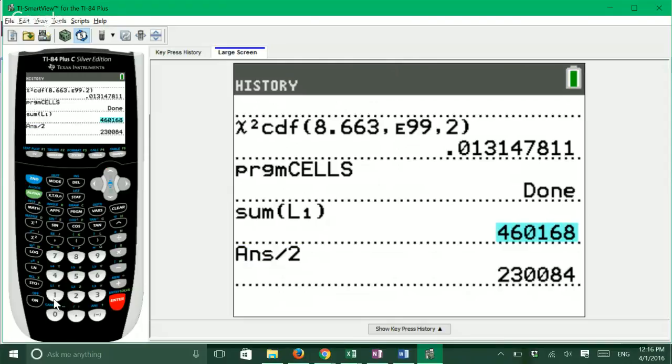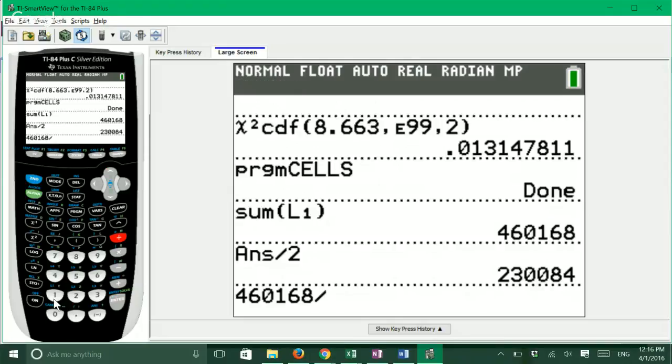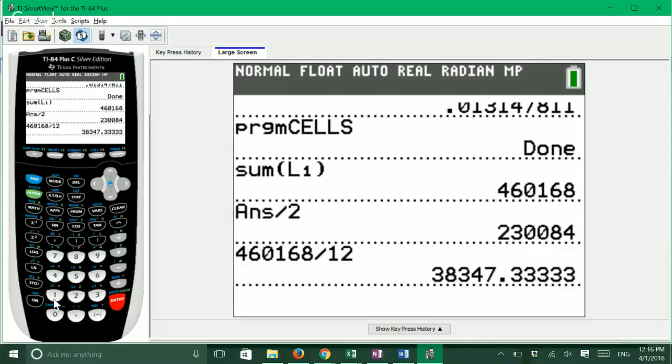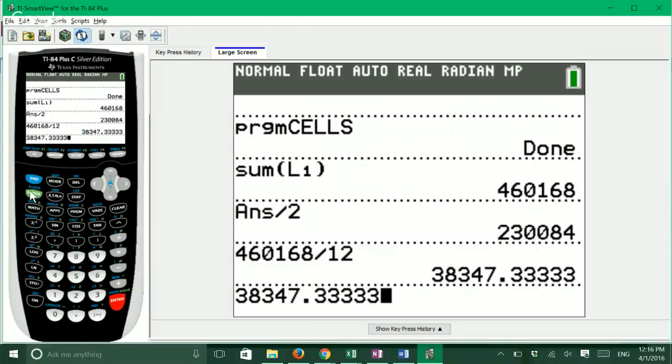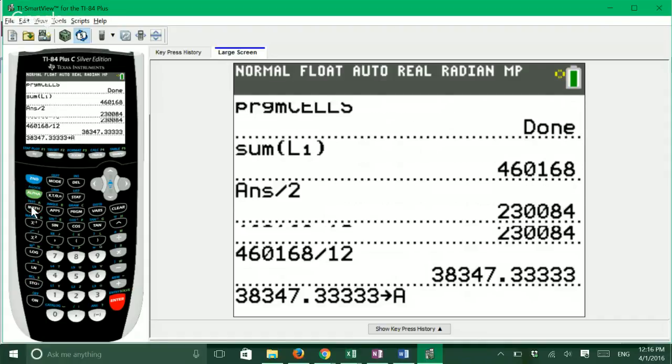Divide by 12, we get 38,347. What I'm going to do is store this number just so I don't have to keep typing the number over and over again. I'm going to store it as A.